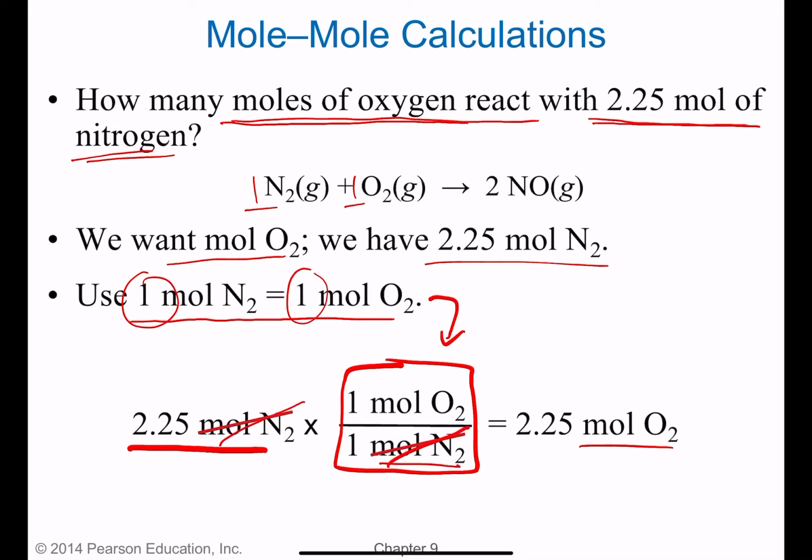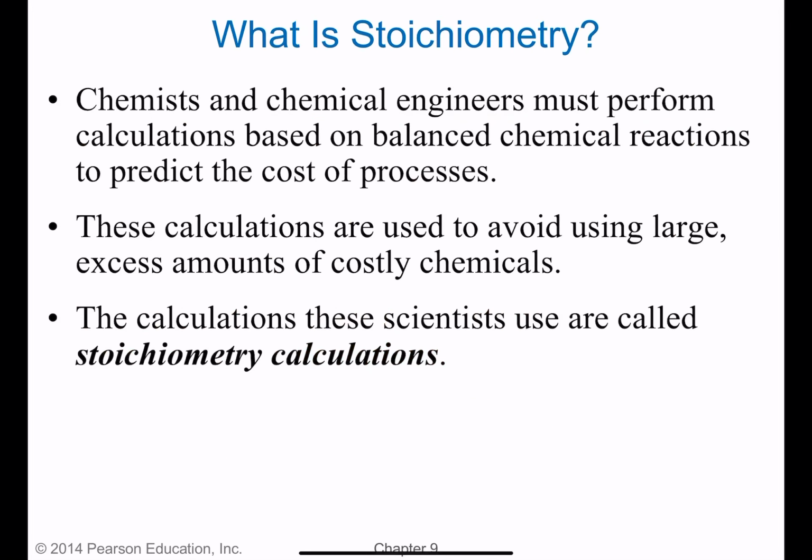I want to cancel moles of N2, and I want to get moles of oxygen. So this 1-to-1 mole ratio has my unit set up with moles of oxygen on the top and moles of nitrogen on the bottom. And then obviously we're still going to get 2.25, because 2.25 times 1 divided by 1 is still 2.25.